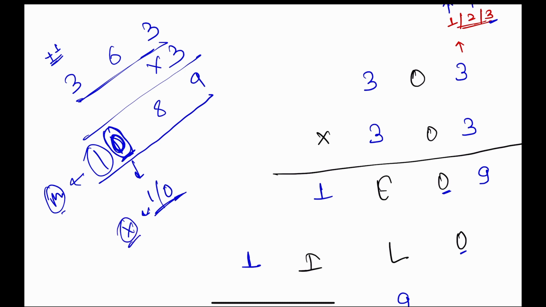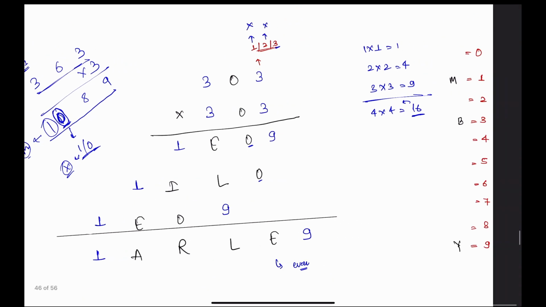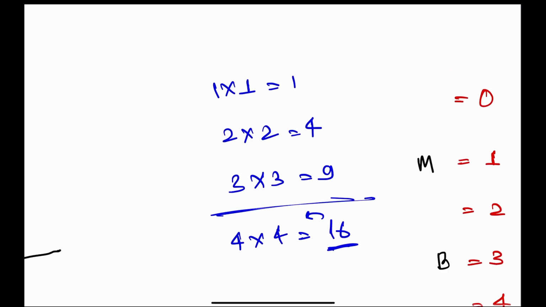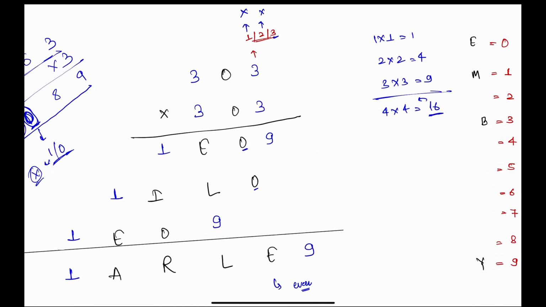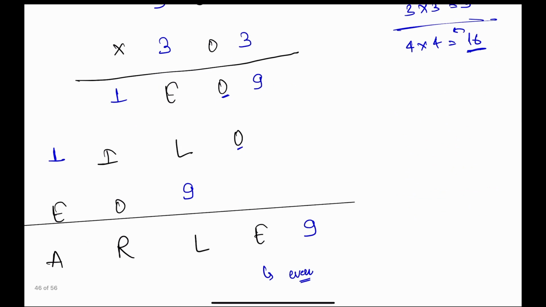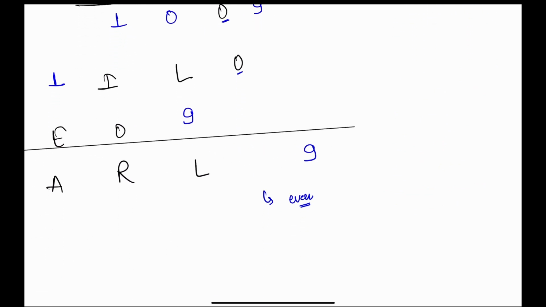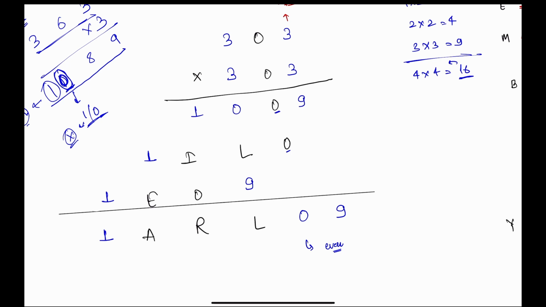What is possible is 0. So now we know that the value of E is 0. To understand clearly, in black it's the alphabet O, but in blue it's the digit 0. So this much is done.